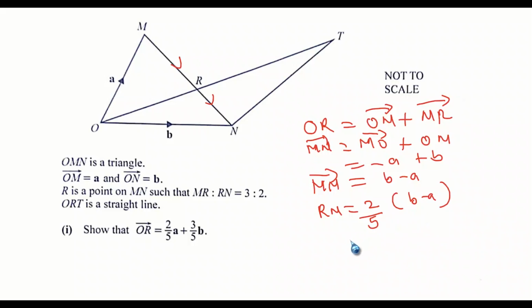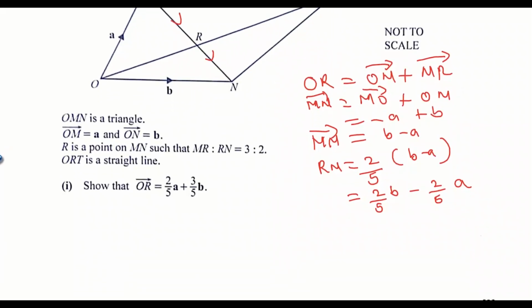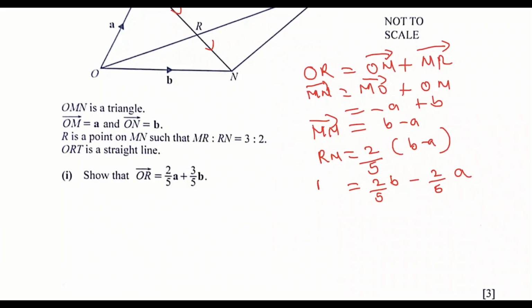We can open the bracket. This will be 2/5 b, then minus 2/5 a. So we can now substitute the value of RN into the first line, that is here.